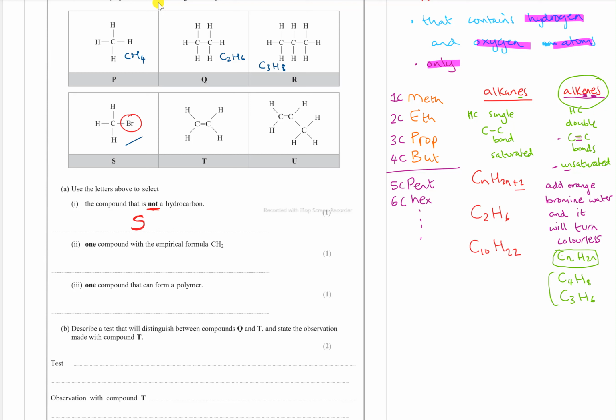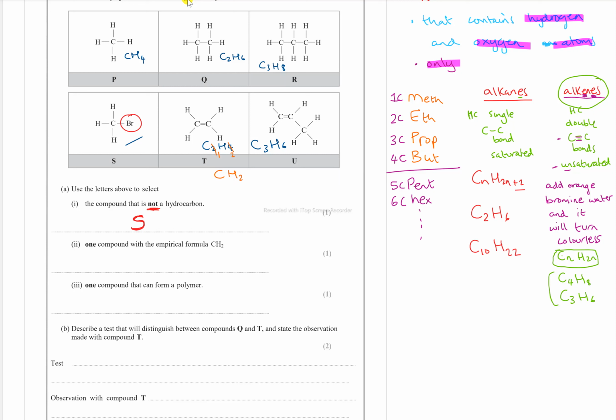That's not a hydrocarbon. This is C2H4. This is C3H6. Right, so if I cancel this down, they're both in the 2 times table. So there's 1 and 2. So that becomes CH2. I don't need to put this one here.